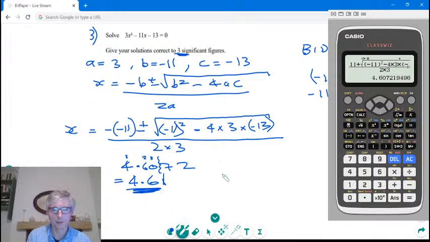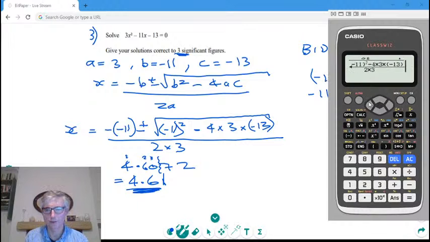And we're now going to look at the other answer. So if we go back through this button again, look at the negative one. So where are we? I'm going to just change that now, get rid of the positive. So delete that, make that a negative, and then just press equals.